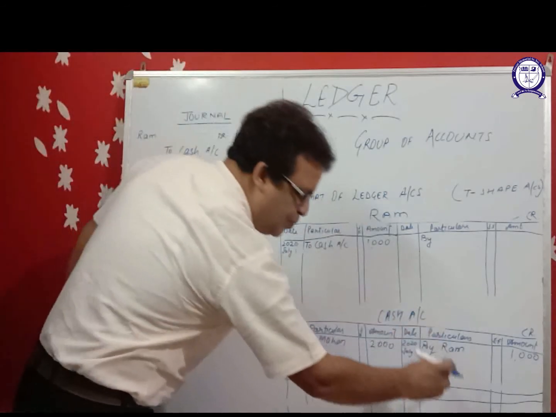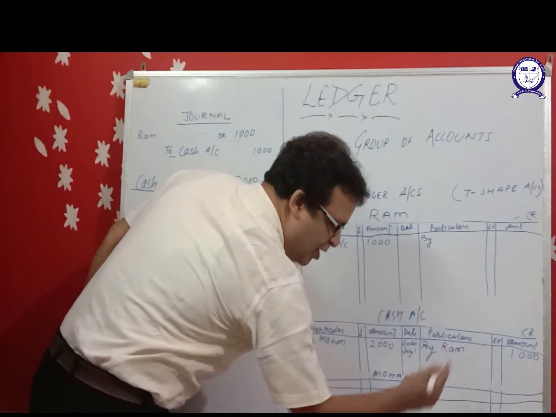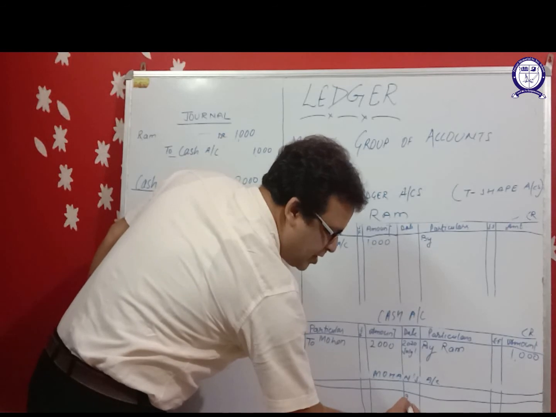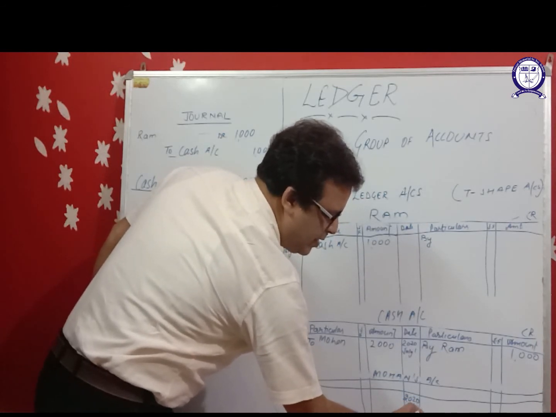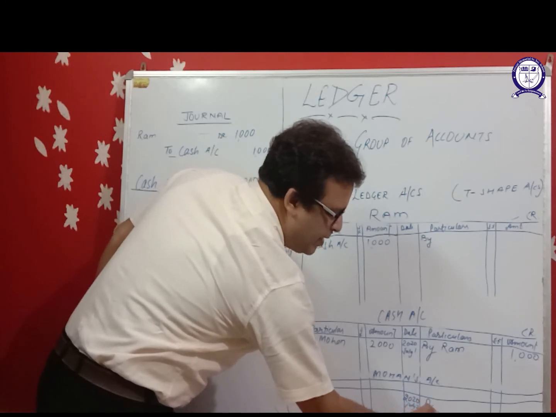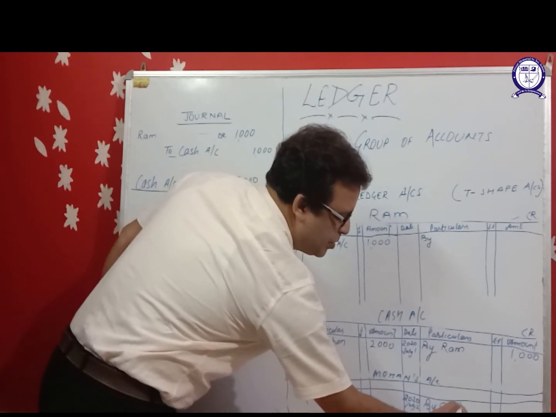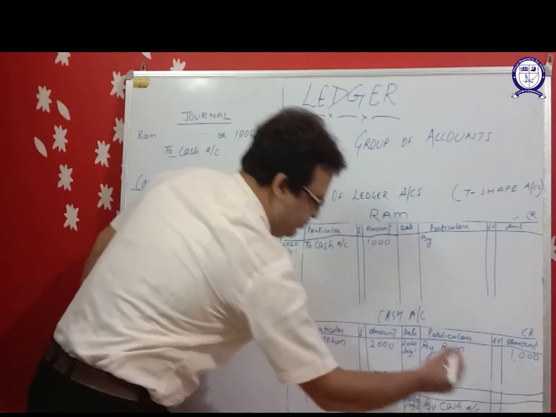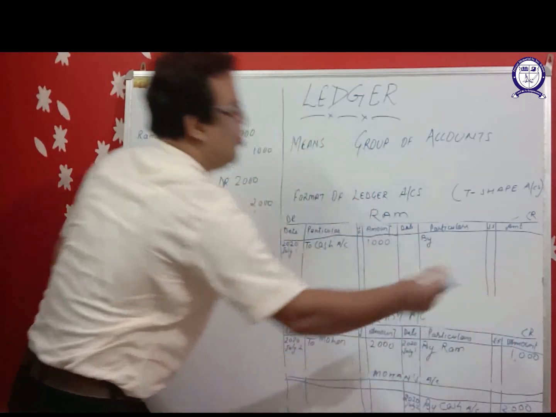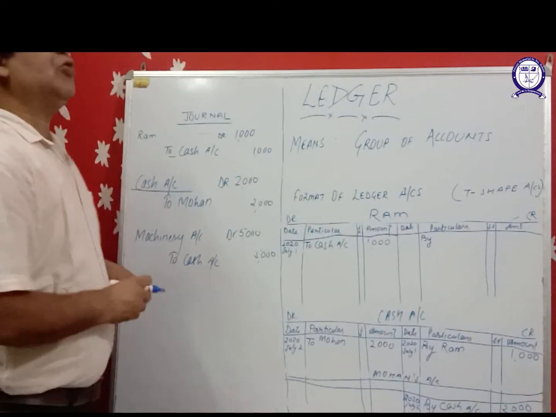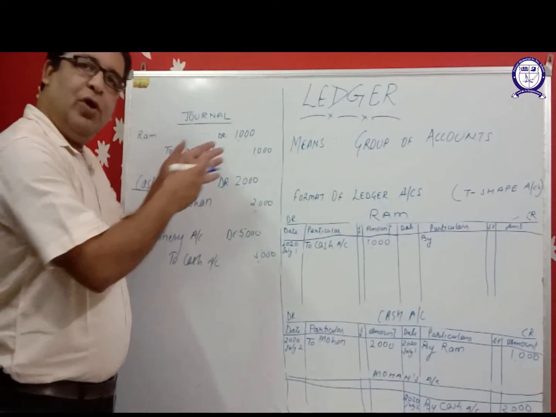So we will have to post in the credit side of Mohan's account. First of all, the date, 2020 July 2nd, By cash account. Amount 2000. So this is the point how to post into ledger.